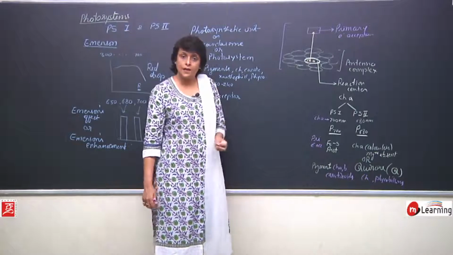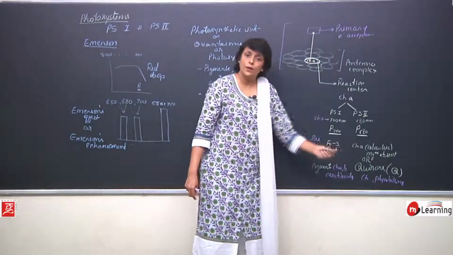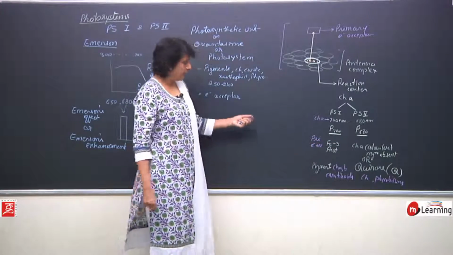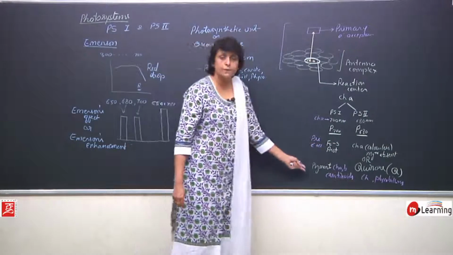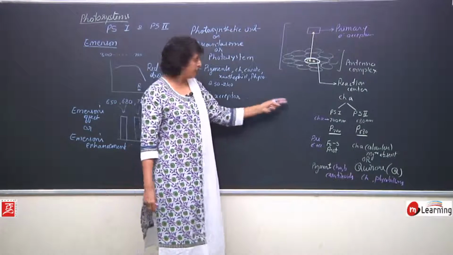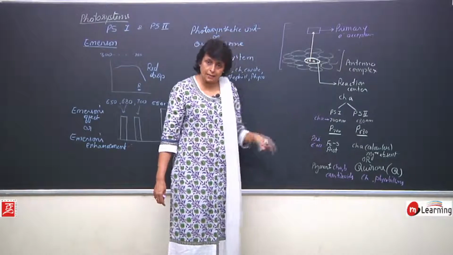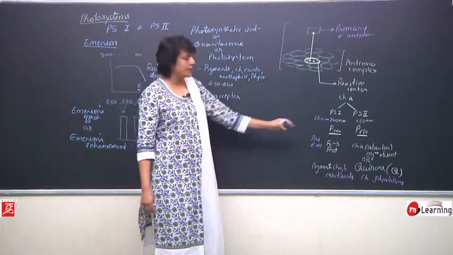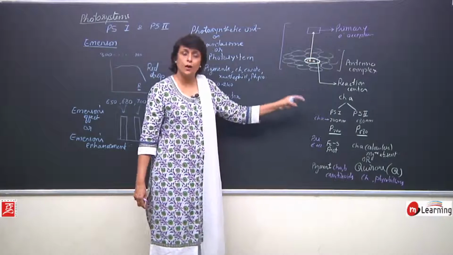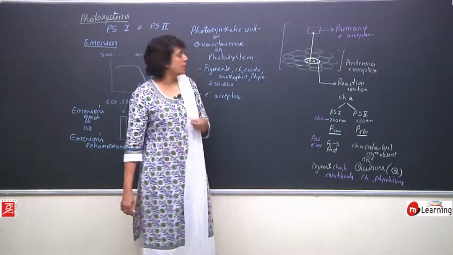One is a colorless chlorophyll molecule without magnesium, and the other is quinone, represented by Q. The third difference is in the pigments which are present. The pigments other than the reaction center chlorophyll, in case of PS1, chlorophyll A and B are present and mainly carotenoids, whereas in case of PS2, along with chlorophyll, phycobilins are more important.